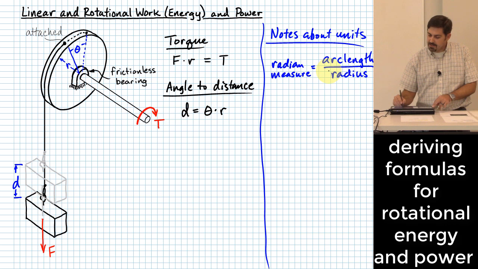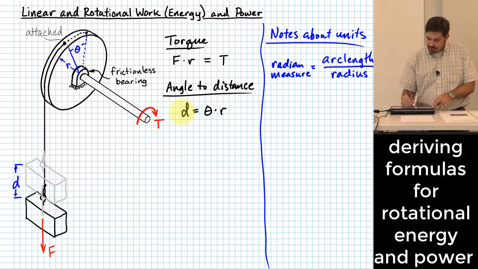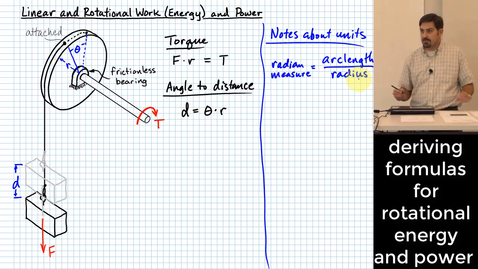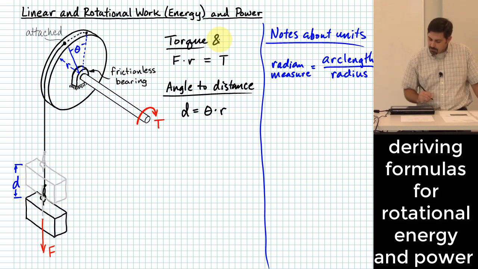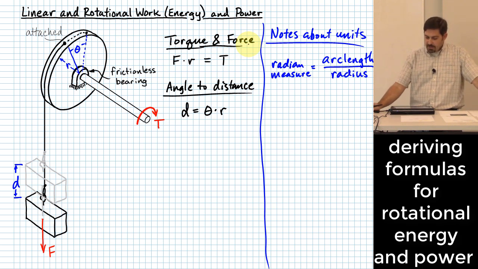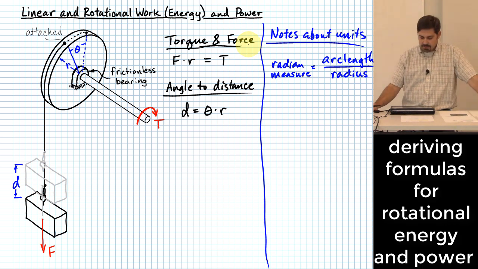Because I'm taking this definition of radian measure and rearranging it a little, arc length, which we're going to say is d, is equal to the radian measure theta times the radius associated with that twist. And by the way, up here, this was torque. This is how we relate torque and force. We have that relationship, and then another relationship between angle and distance, with radius also in there.